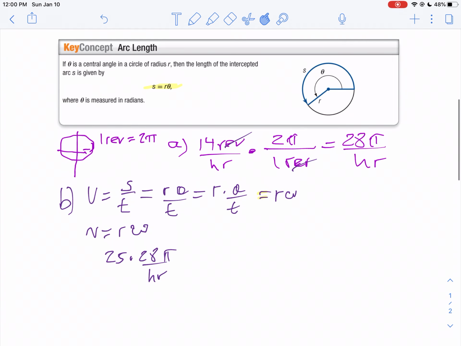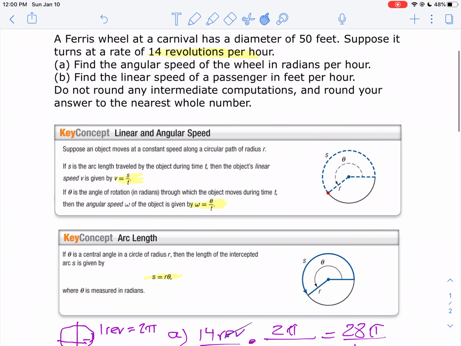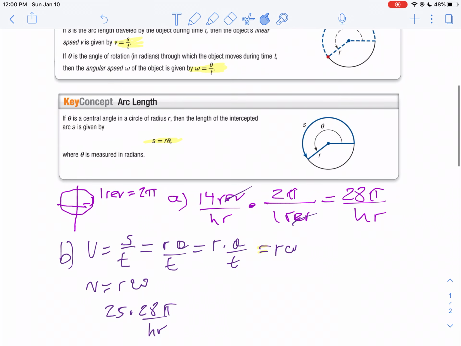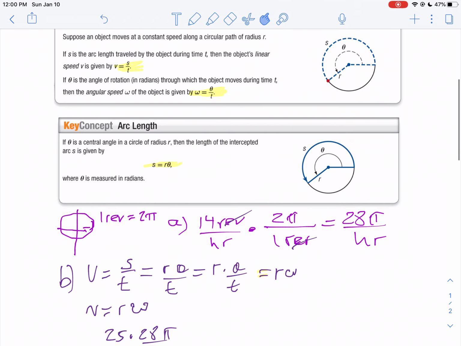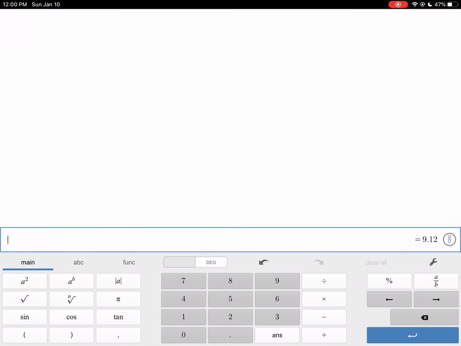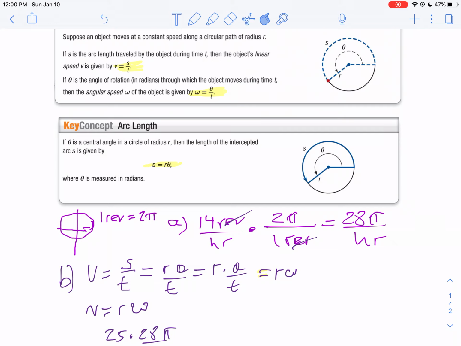Oh, I just noticed on part A, sorry about that, I didn't read the directions. We want to round our answer to the nearest whole number. So on part A, I'm going to go back and find 28 pi. It's 88. So the answer should have been about 88 radians per hour.